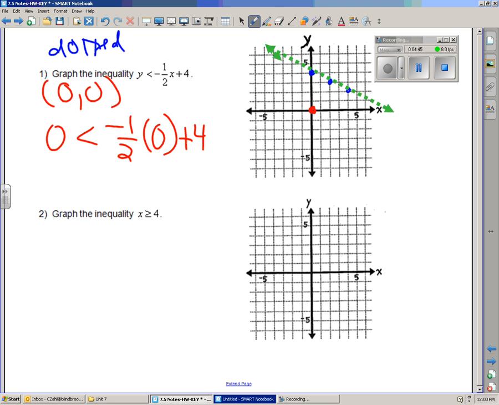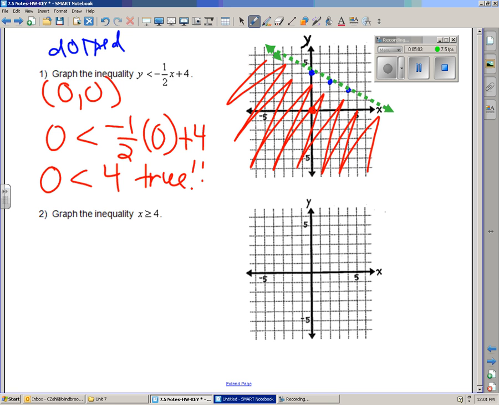Let's see if this is true. 0 less than 4, because 1/2 times 0 is 0. Well, 0 is in fact less than 4. So we're going to shade the half plane where 0, 0 is, everything in this bottom region. Any point in that region would be a true statement if you plug that ordered pair into the original inequality.